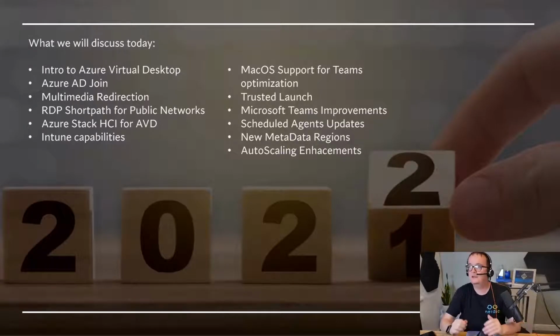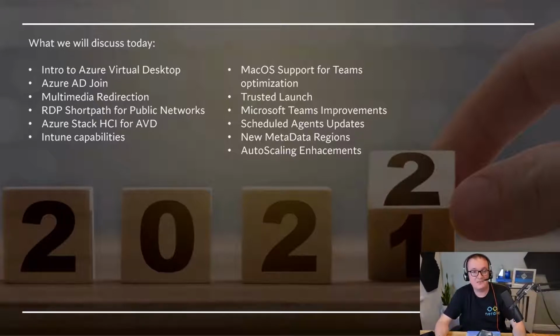Okay, so what are we going to discuss today? We're going to give you a high-level overview of Azure Virtual Desktop, and then we're going to discuss some of the new features that have been released in 2022. It's been a pretty exciting year for Azure Virtual Desktop features.